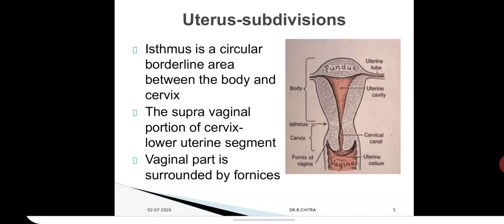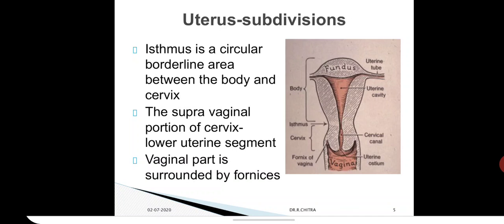This cervix, if you see, has two parts, supravaginal and vaginal. You see a part is inside the vagina and a part is above the vagina. So that is supravaginal and vaginal part. Supravaginal part of the cervix will also be called the lower uterine segment. You should know LSCS, that is lower segment caesarean section, commonly heard in the families from the obstetricians telling that your daughter may have to undergo LSCS.